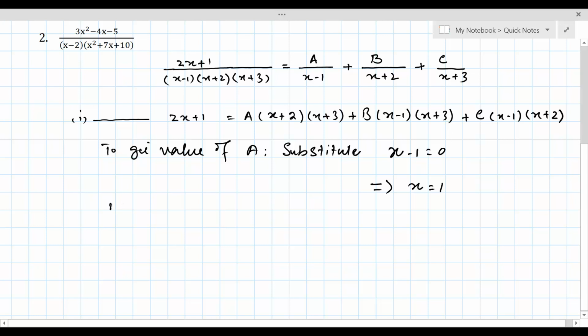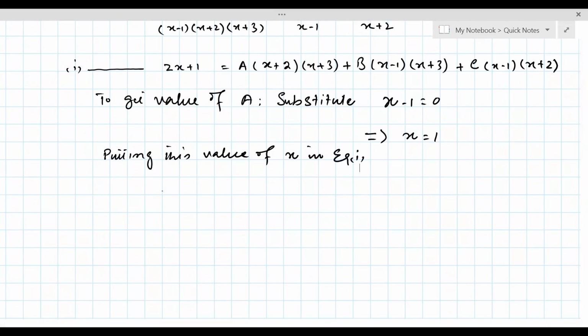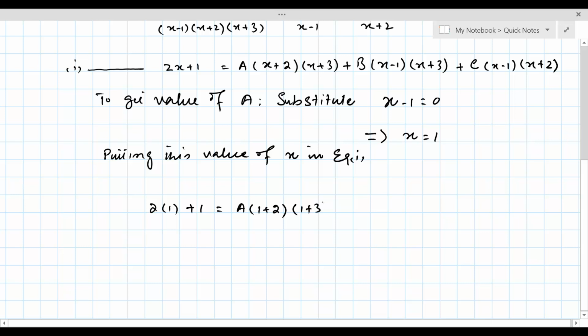So putting this value of x in equation 1, we will have 2 times 1 plus 1 equal to A into (1 plus 2) into (1 plus 3).